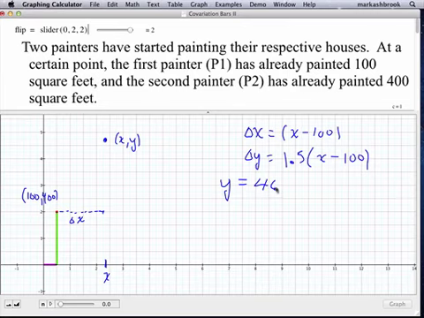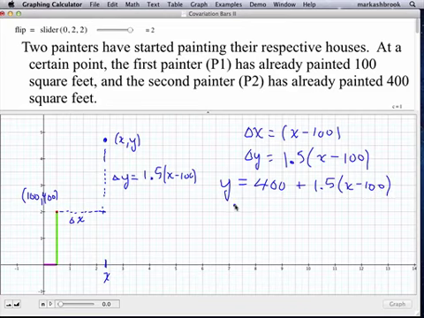So a lot of you were thinking, it's the starting point for y here, and now we're going to change by this much. And how much is this much? What was delta y? 1.5 times x minus 100. So y equals 400 plus 1.5 times x minus 100.